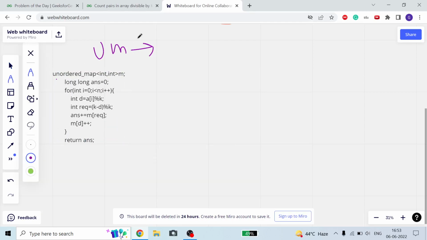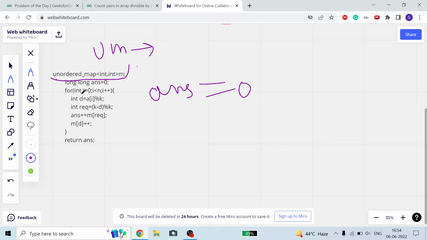Okay guys, so we have taken an unordered map, and then I am taking a variable answer equal to 0. This is a variable I took initially.